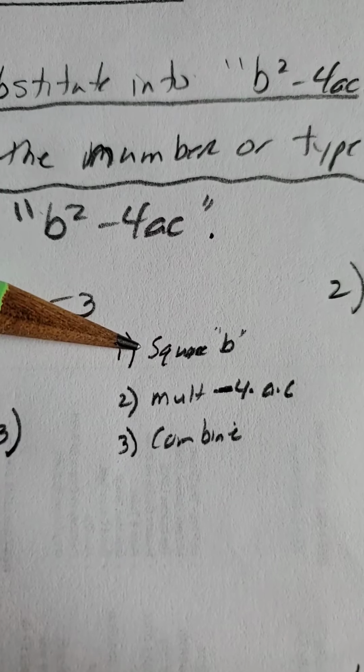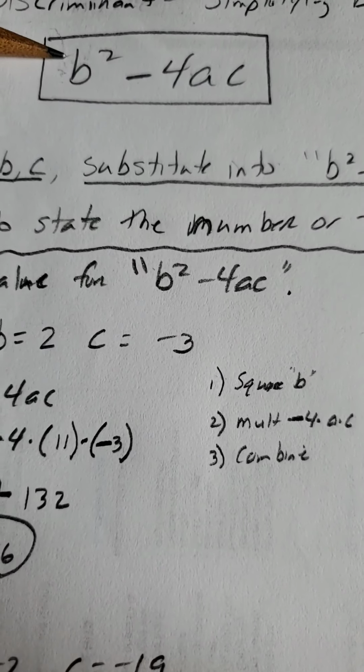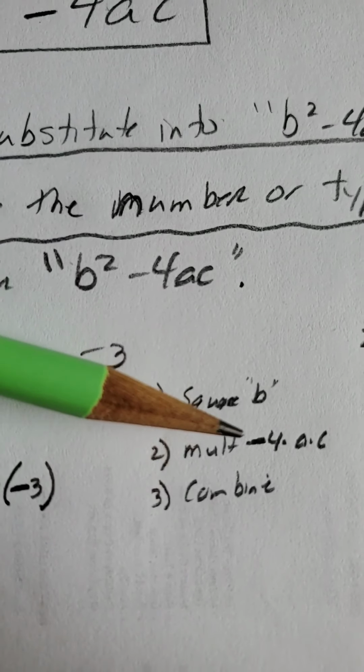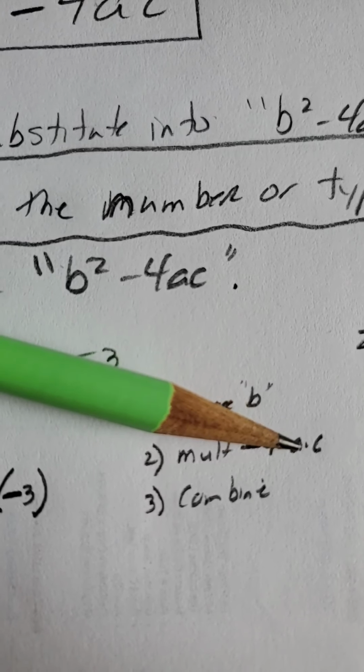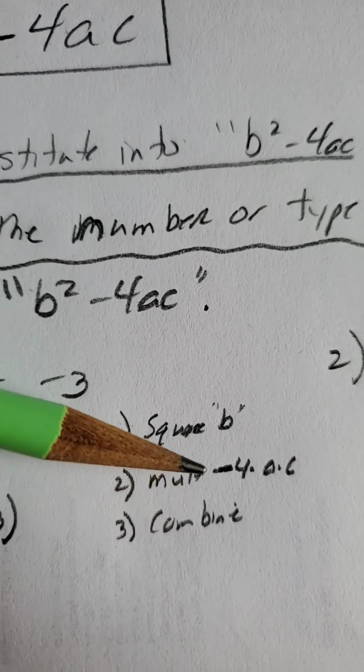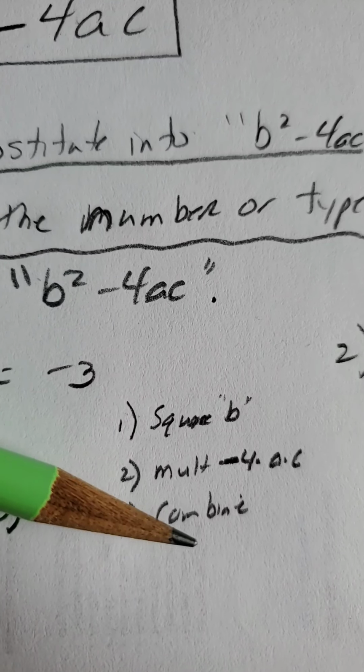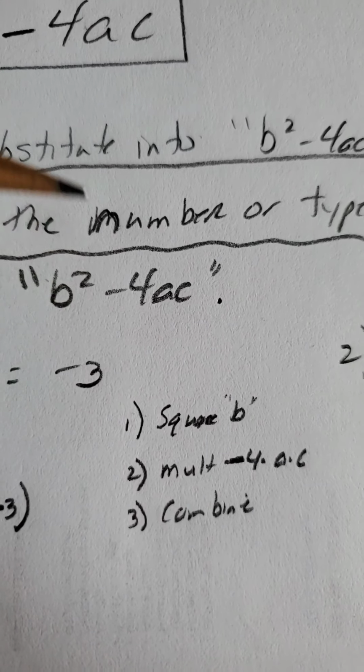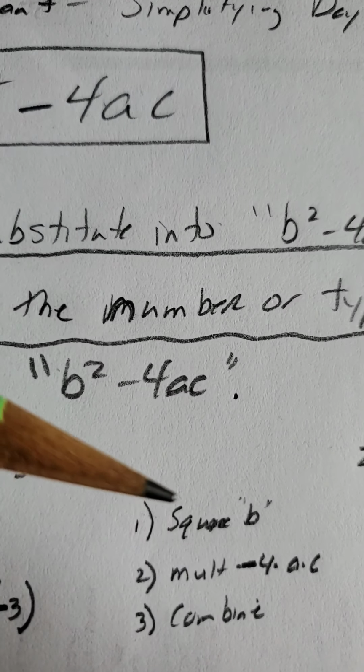Every single time you're going to square the b, you're going to multiply -4 times a times c, and then you're going to combine those two answers. Yes, negative signs matter. An issue that happened a lot Wednesday.